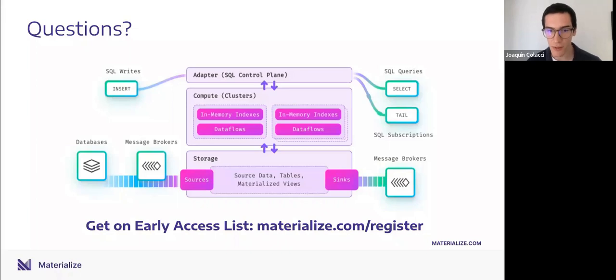What will the failure modes look like with object storage instead of memory? When you're having an issue with Materialize, and for example something fails, if you have replicas, then it's going to be no issue. It's going to keep running. The replicas are going to come up, consume all the information again, and keep working.